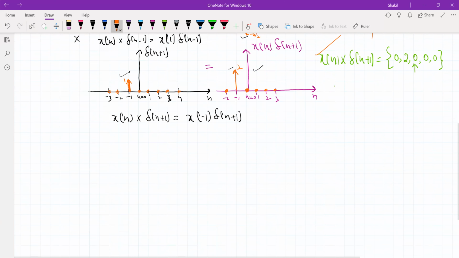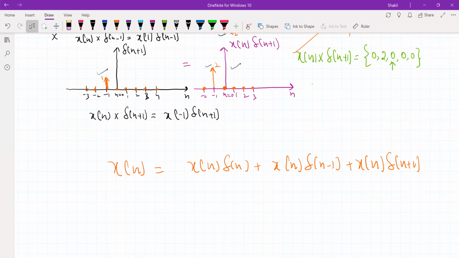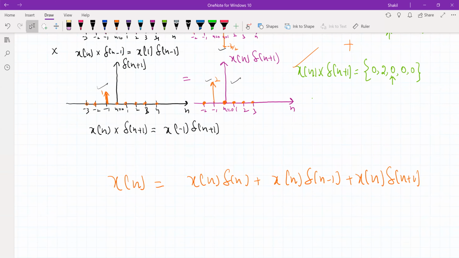This means x of n is equal to x of n delta n plus x of n delta n minus 1 plus x of n into delta n plus 1. So you obtained x of n by multiplying these sequences.